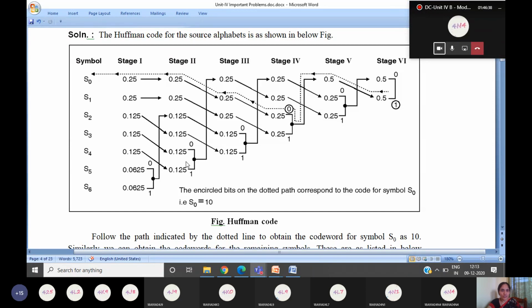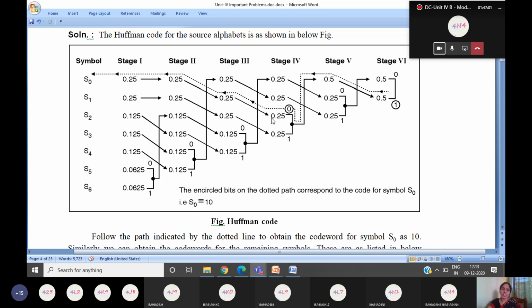So what we did: 0.125 plus 0.125 will be 0.25. So assign 0 and 1 and relocate that to the highest position in the order of decreasing or non-increasing probabilities. Again 0.25, 0.25, 0.25 and 0.25.